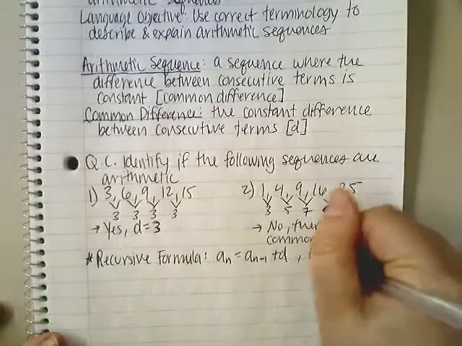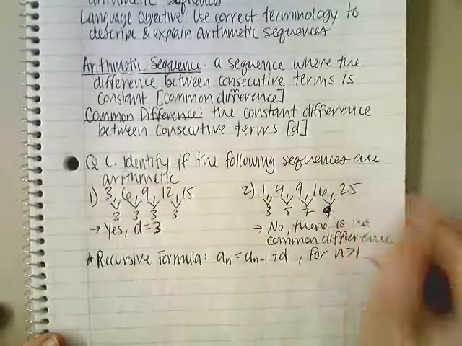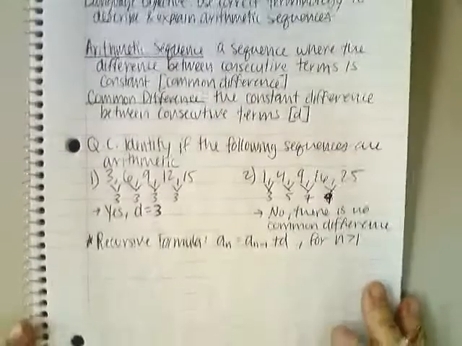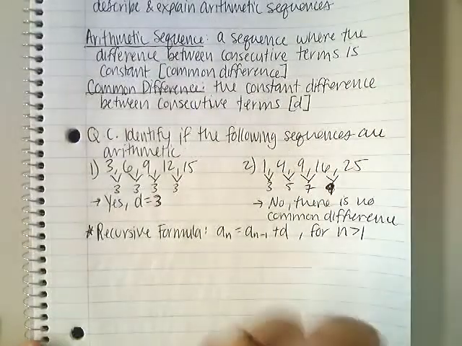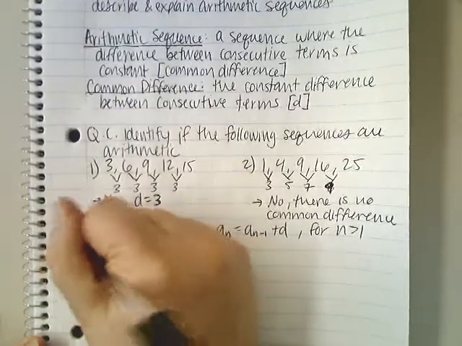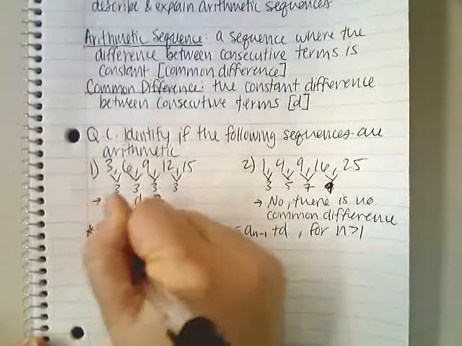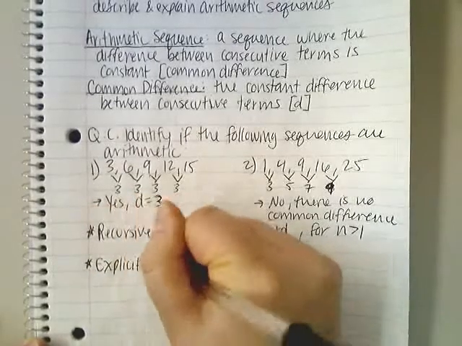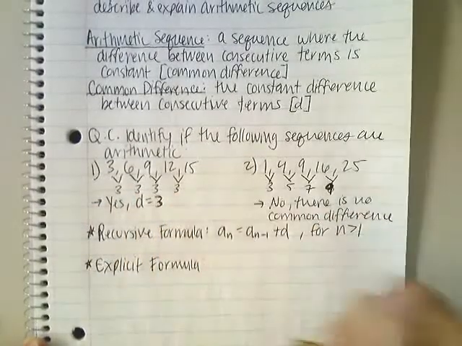And this is true when n is greater than 1, so obviously you can't plug in 1 because you can't have a sub 0.